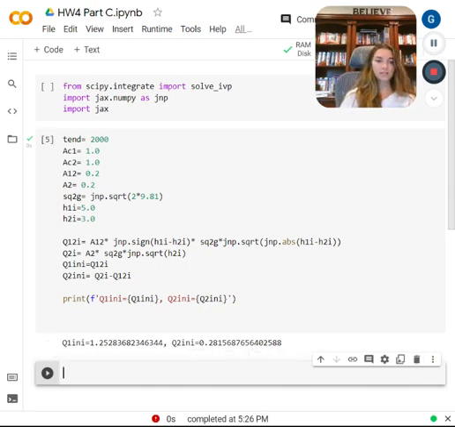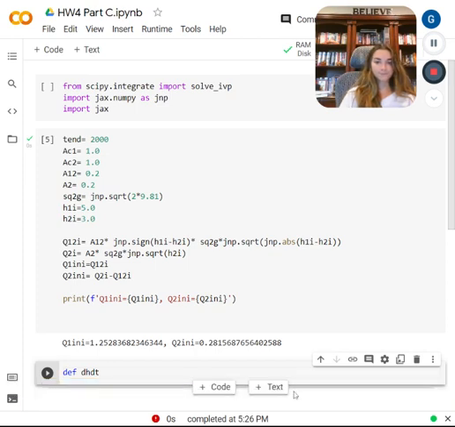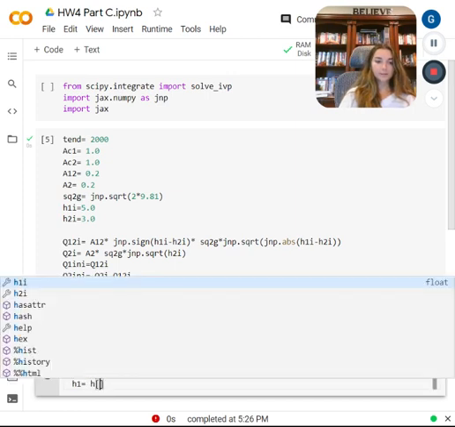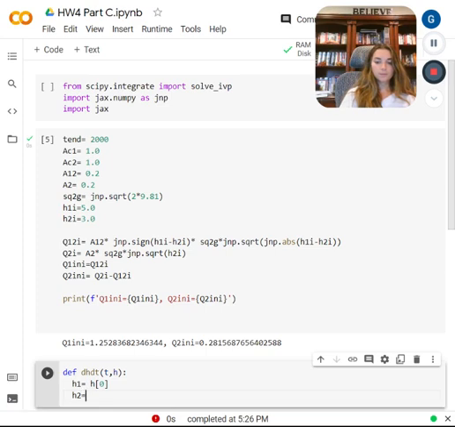So we're just gonna rewrite this, define the derivative of our height with respect to the time, parameters of time and height. Each one is going to be indexed at 0 for tank 1, and each 2 is going to be indexed at 1 for tank 2.